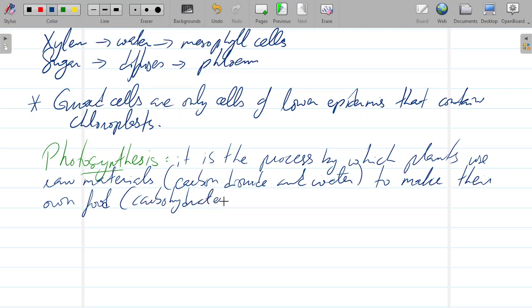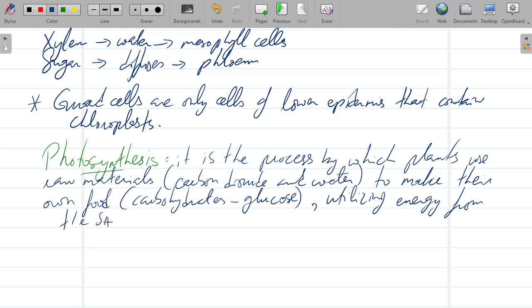We know there are a number of carbohydrates, so the one they're making is glucose, right? Utilizing energy from the sun, right? In the form of light.